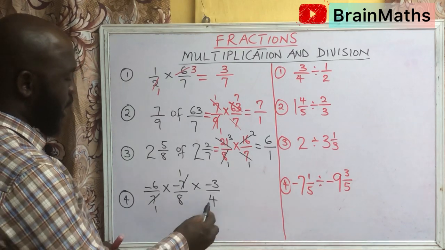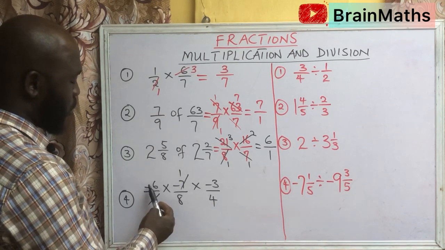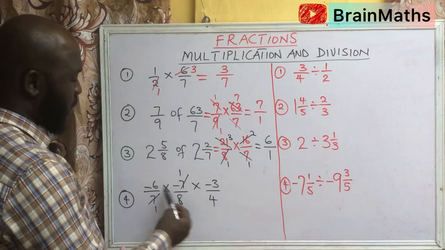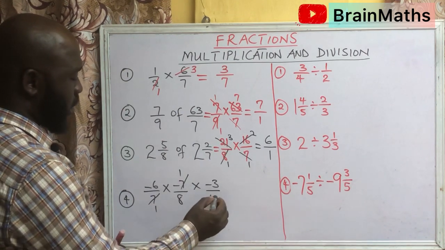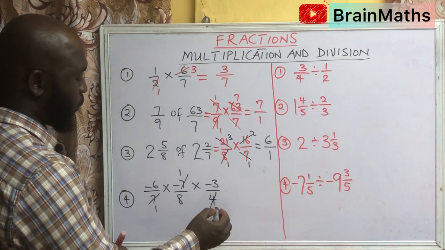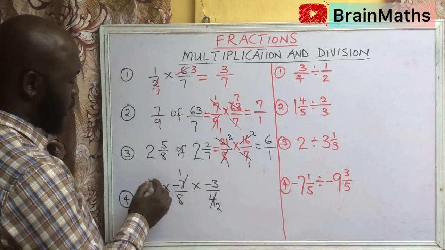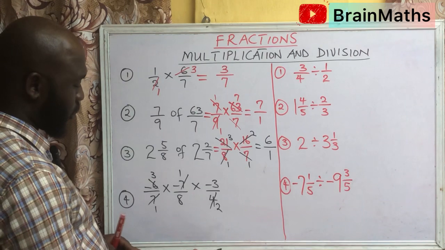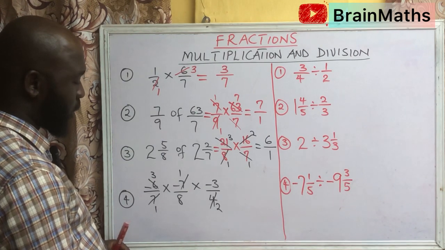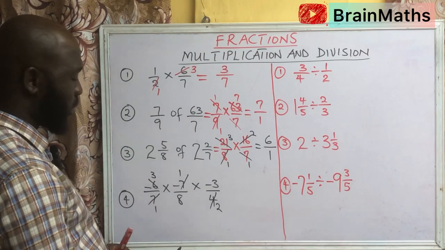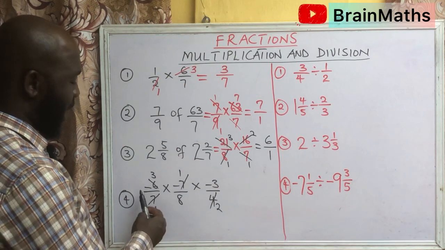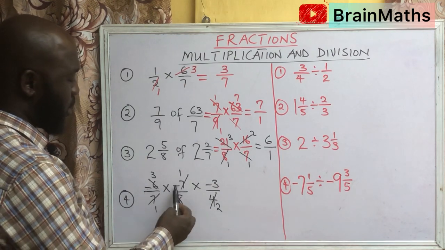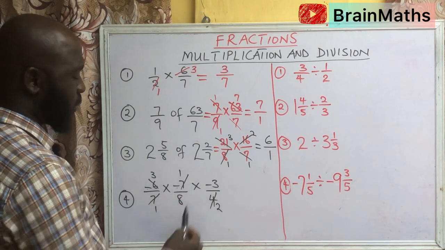Then we have 2 common to both 6 and 4. So we say 2 in 4, 2, 2 in 6, 3. Then if you look through, you will see that nothing is common across the board again. So we are left with minus 3, minus 1, and minus 3.